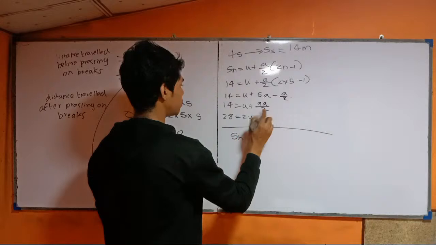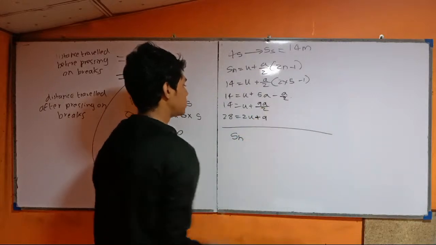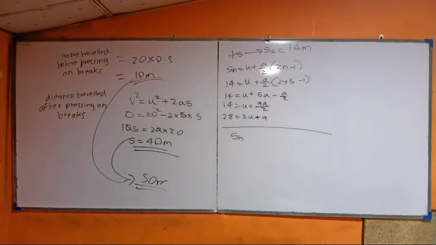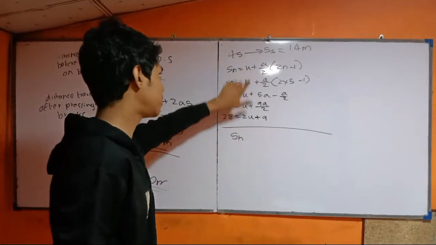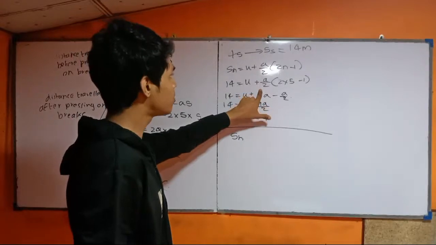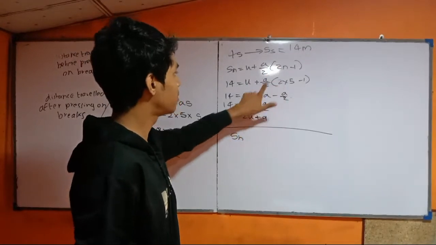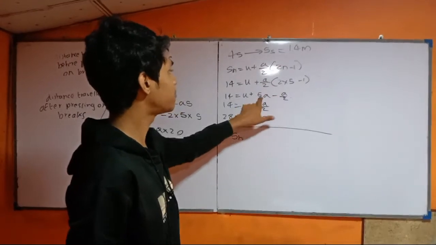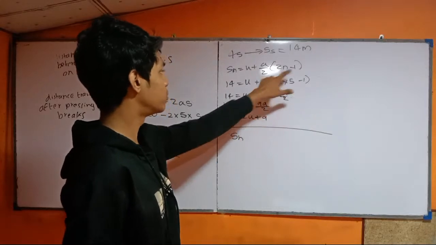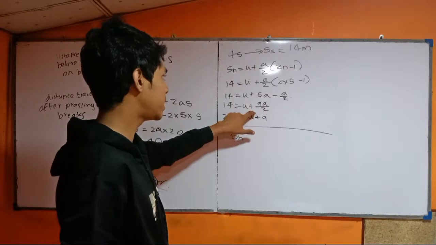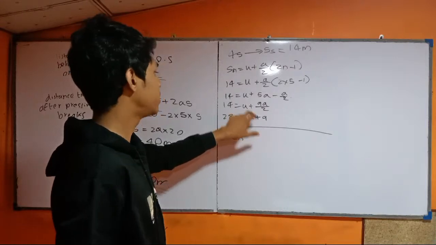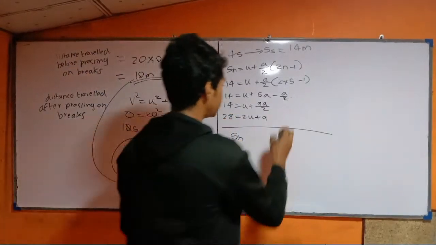Like this, 2u plus 9a. Am I correct? For 4 to 5, Sn is u plus a over 2 into 2n minus 1, with 2 into 5 minus 1. Then 5a minus a over 2, and you get the common denominator and subtract. Then you get an answer like this. So this is the first equation.